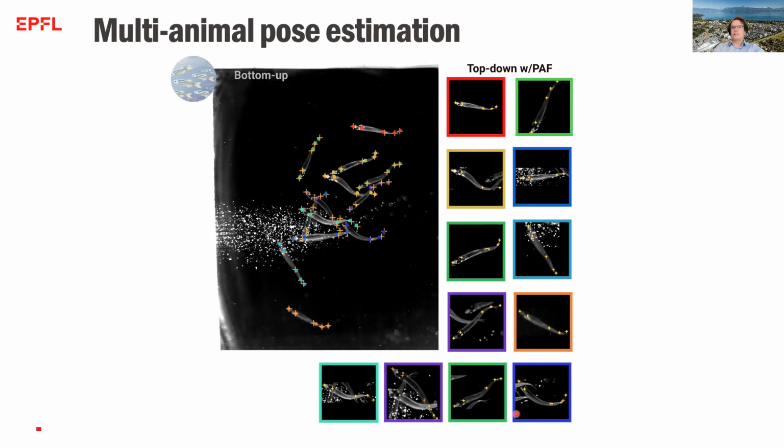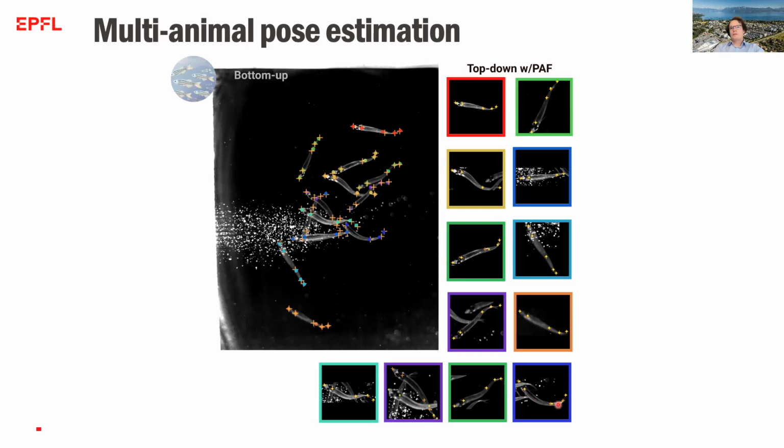So here are the 14 different individuals from this full frame shown. And then one trains a so-called top-down pose estimation model to predict the pose of each one of those individuals in these cropped scenes.